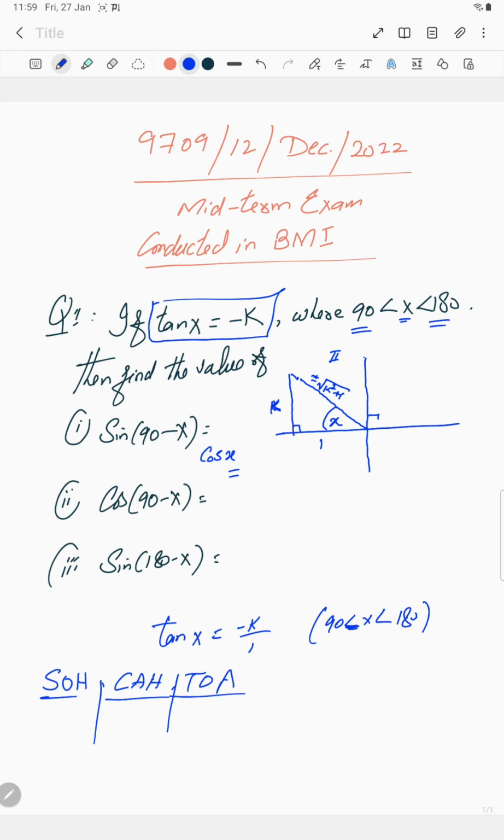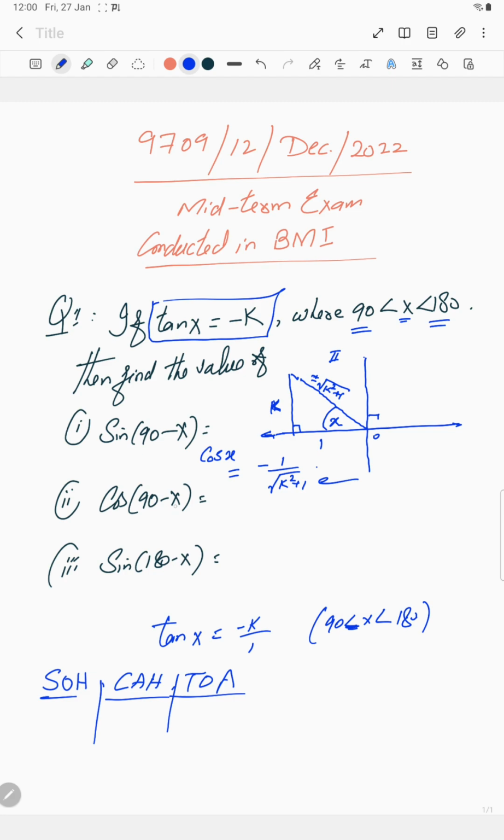So cos x was adjacent upon hypotenuse, and in the second quadrant, as you know, the cos is negative, so we will say it is negative, adjacent which is 1 over hypotenuse which is the square root of k square plus 1. So this is the answer of part 1.